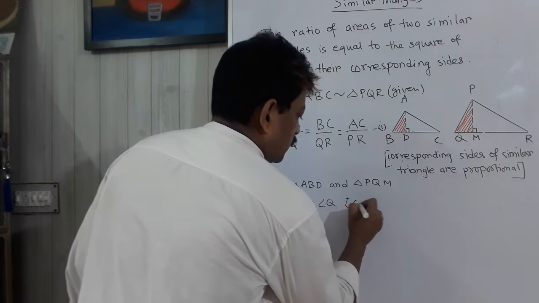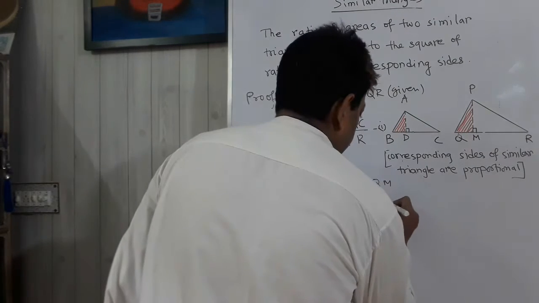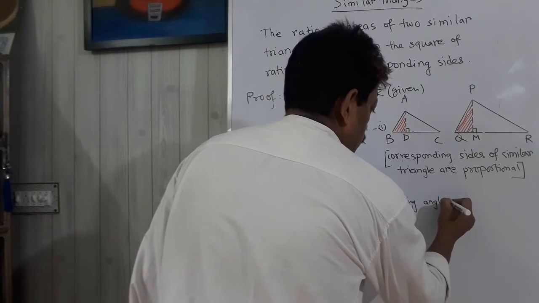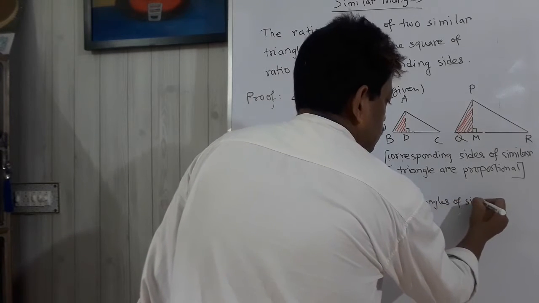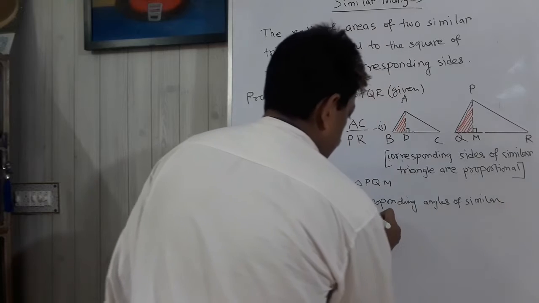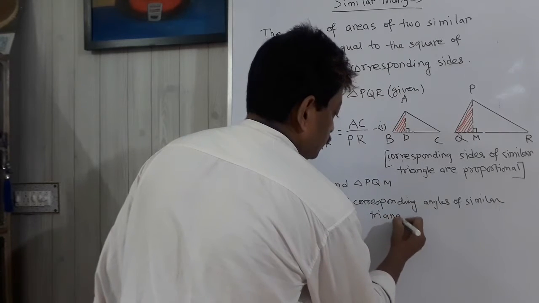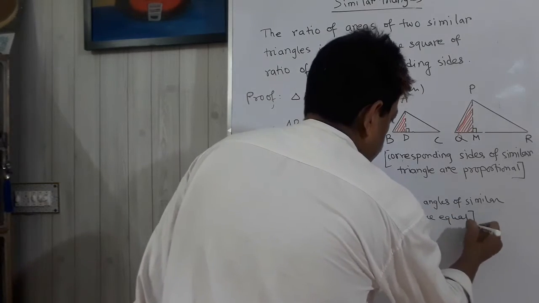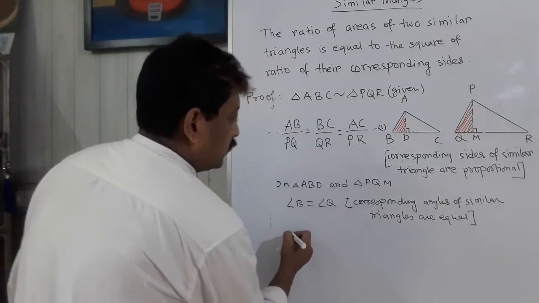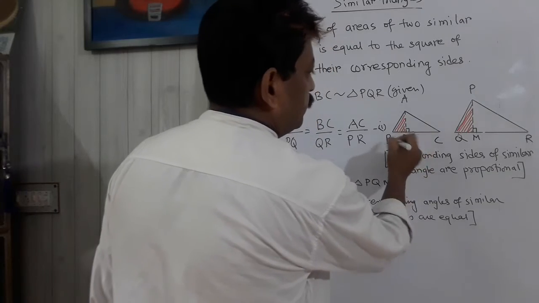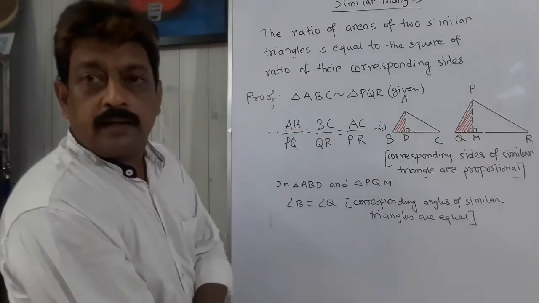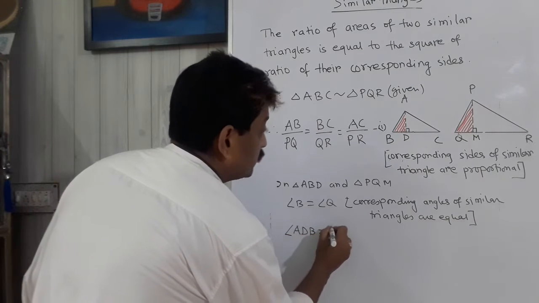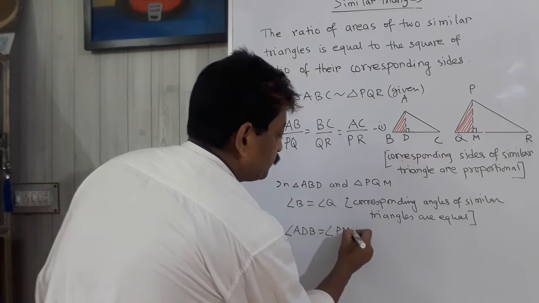So here corresponding angles of similar triangles are equal. And we can also write angle ADB equals to angle PMQ.